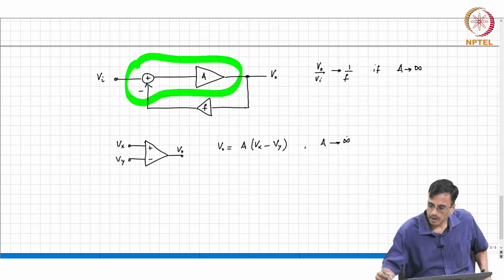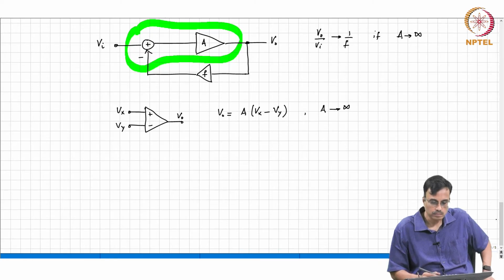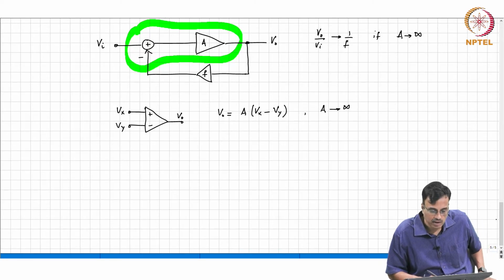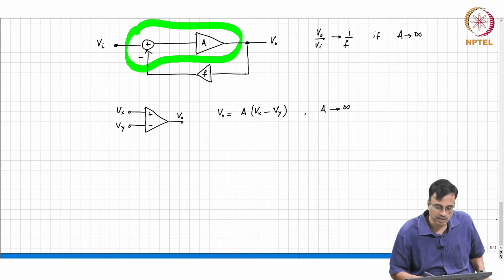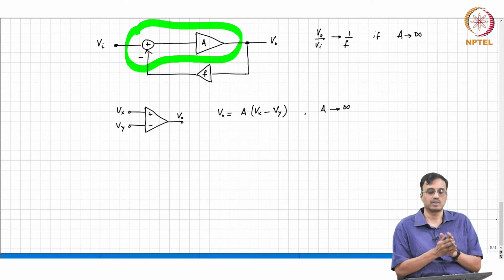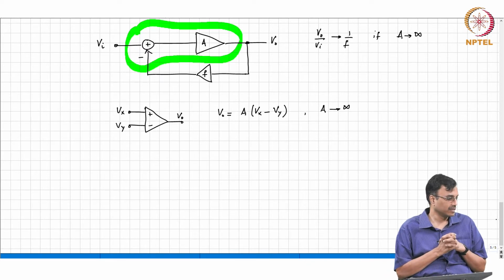All right. So, the first step in the process, presumably with non-zero lambda for the transistors, is that it is not possible to get a large gain with one stage, right.